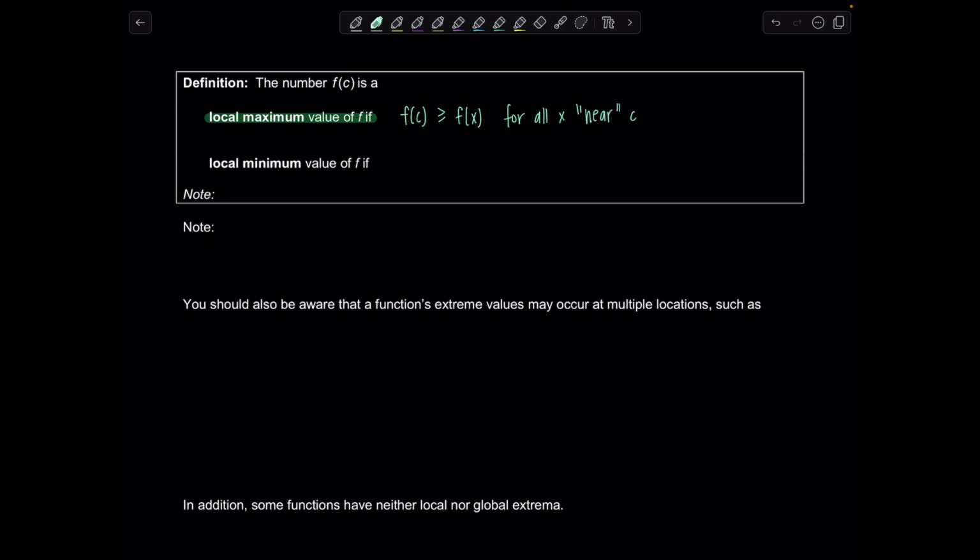And similarly, f of c is the local minimum value of f if f of c is less than or equal to f of x for all x near c. And as a note, when I write near in quotes like that, near c means in some open interval, some neighborhood, containing c.